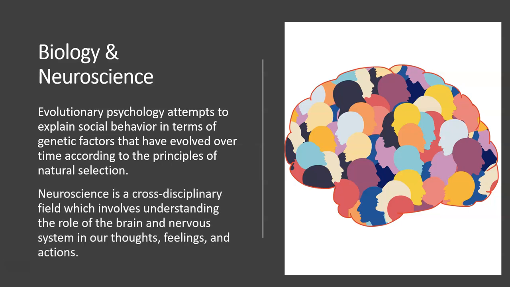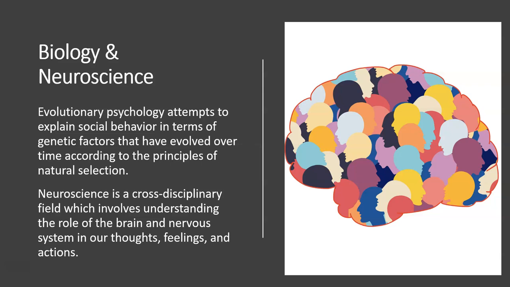On the neuroscience front, and this is a relatively recent field to have an impact on the study of social psychology, we now have an entire subdiscipline called social neuroscience, where you're taking that cross-disciplinary approach of biology, chemistry, and brain sciences to understand how it is that human social interactions arise and what governs them.